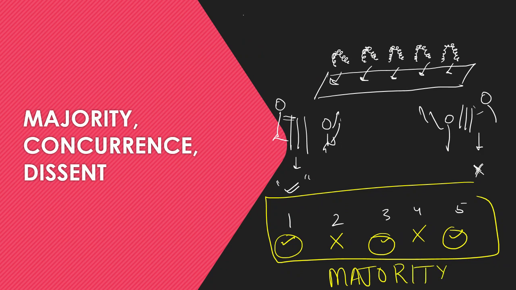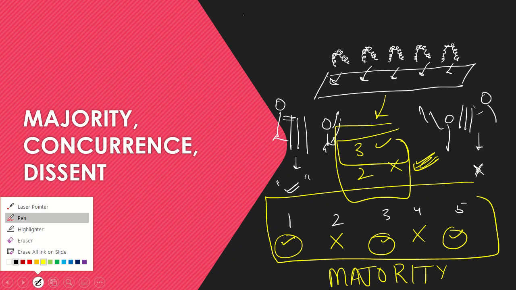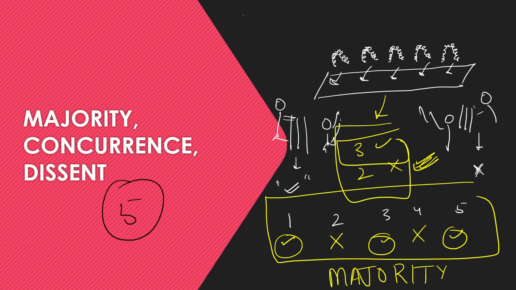Now, what that means is since three people have said yes and two people have said no, we take the final decision as yes. I hope you get the point. Majority means that if we had five judges, three said yes, two said no, we decide that the bench has said yes. This is what we call the majority.